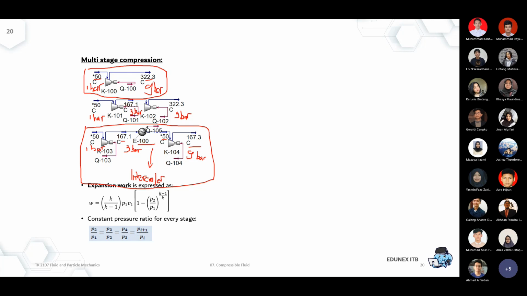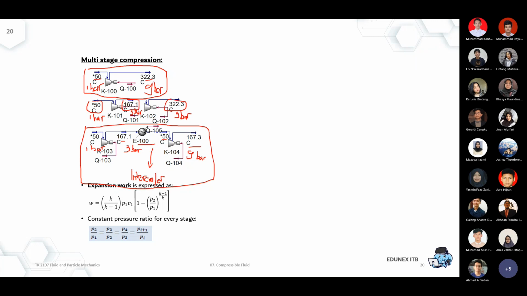Why? Because even though you now split the compression into 2 stages, you still find a very hot temperature at the final stage of the compression. See the temperature increase from 50 to 161.1, and then we still end up with a high temperature at the second stage of the compressor.